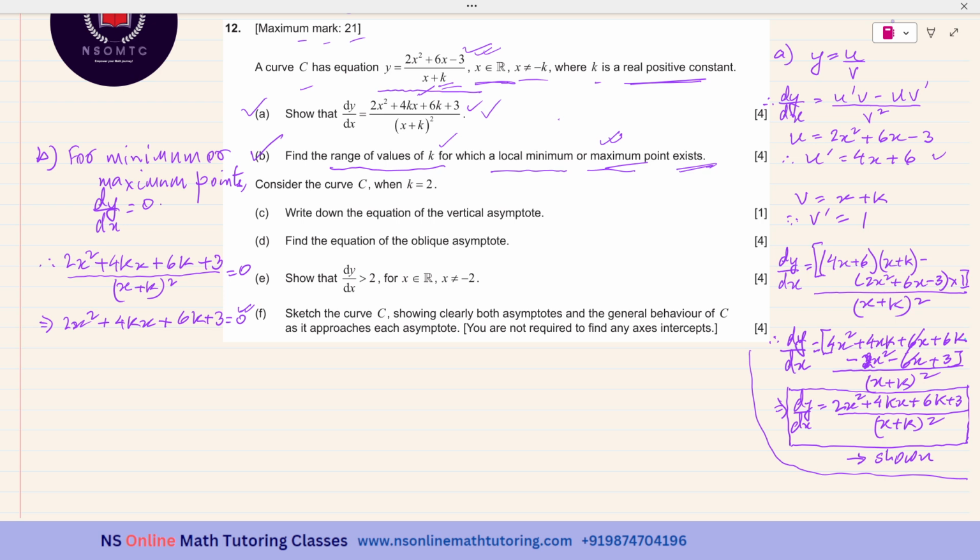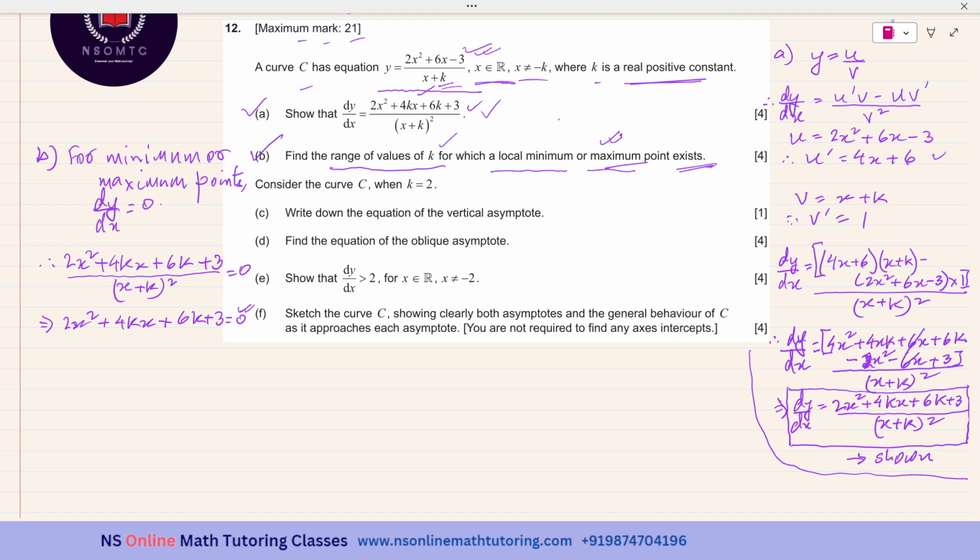Okay, so they are saying that there will be minimum and maximum points. So you are not interested in the cases for the k values for which no minimum or maximum points exist.